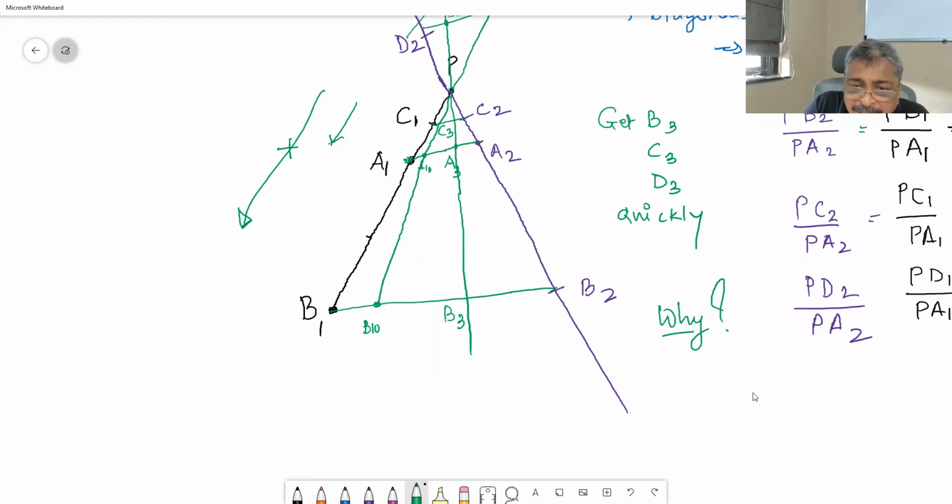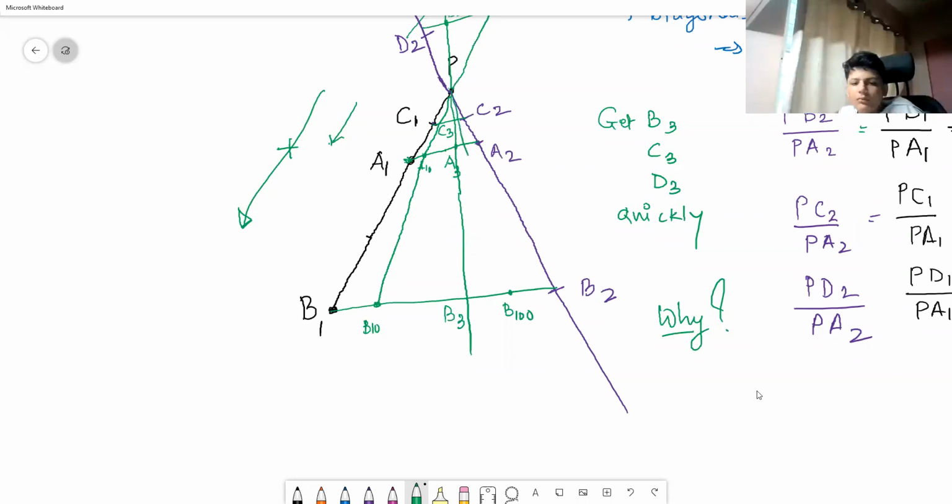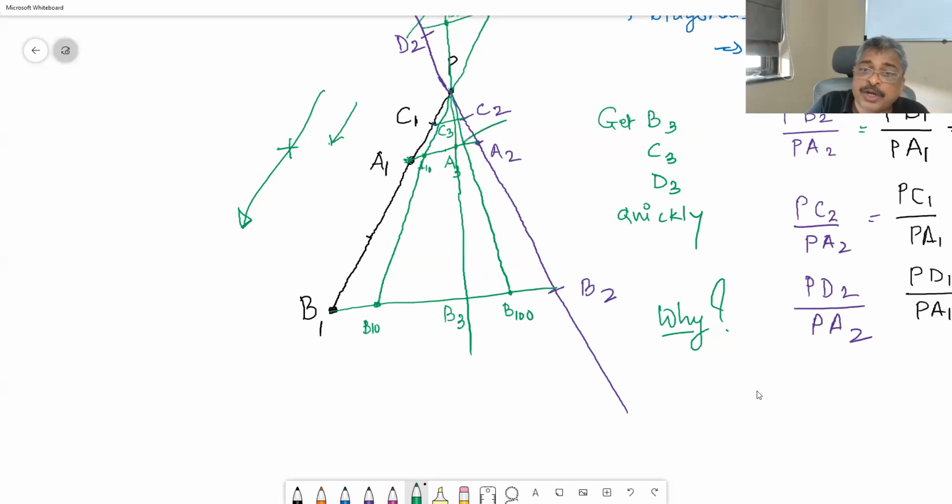If I have some point over here which is B100, which is the image of some A100 on line segment A1, A2, can I get back? I know the image, yes, I can get the pre-image. I know the pre-image, I can get the image. This point will give you A100.